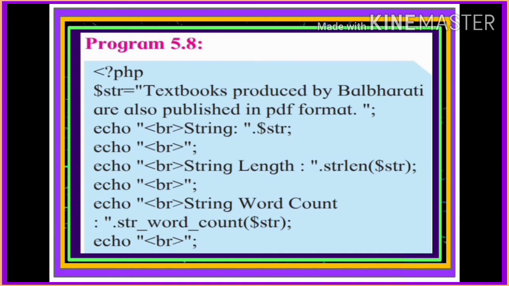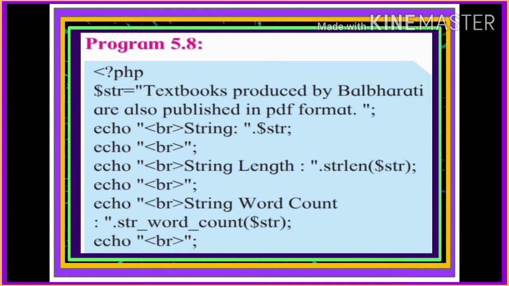In next line, write echo space br, string word count colon, double quote complete, use dot operator to join the part. After dot, write str_word_count function, pass str variable in str_word_count function, write semicolon.